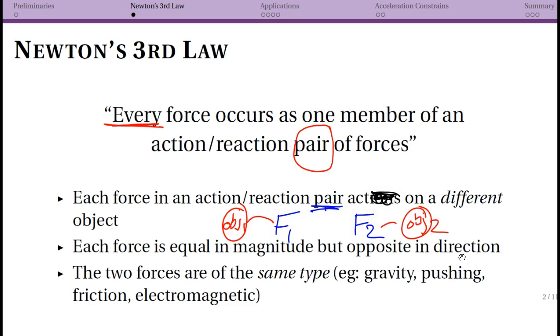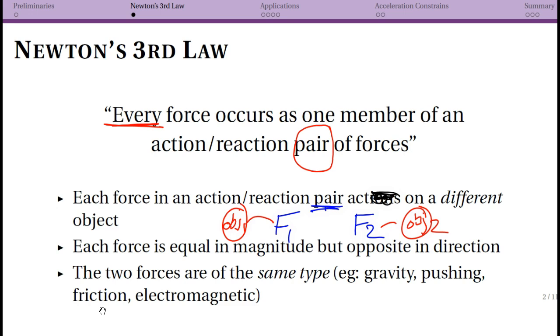Now the last thing that I think is important to highlight, and the book doesn't highlight quite as much, is that these two forces are of the same type. In your pair of forces, if one is a gravitational force, the other is a gravitational force. If one is a push, the other is a push. If one is a pull, the other is a pull. If one is tension, the other is tension.